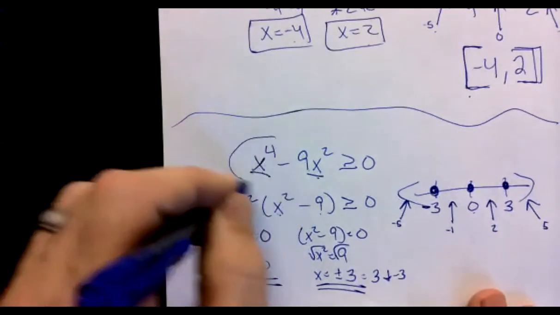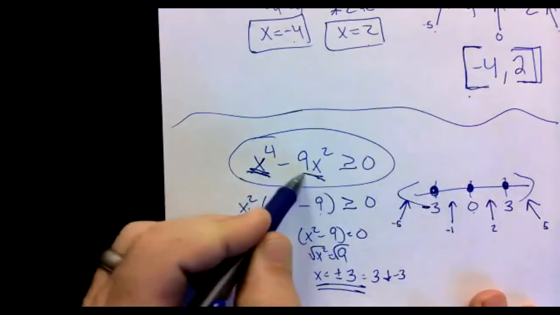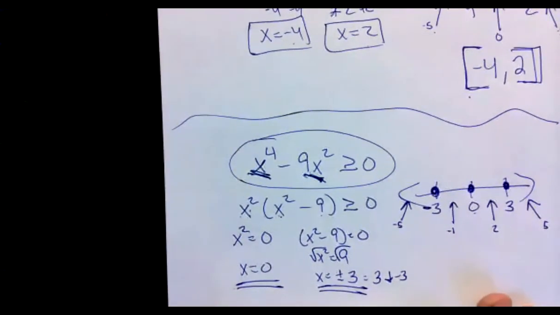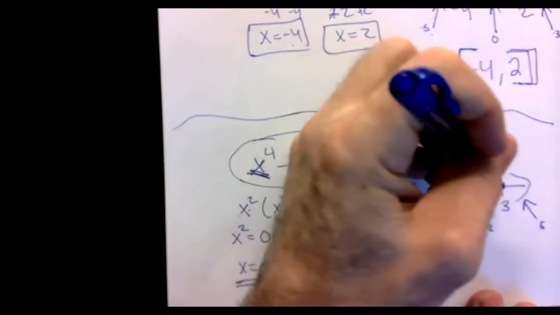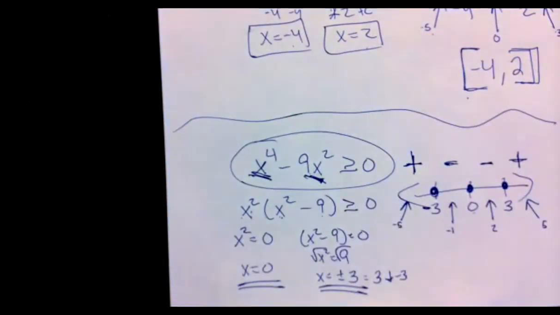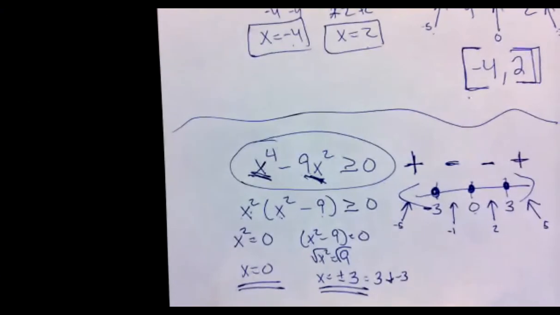And again, plug it into your original function, just plug it in for x and see if you generate a positive or a negative value.